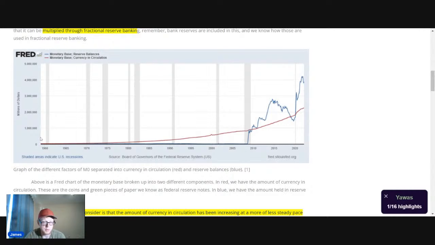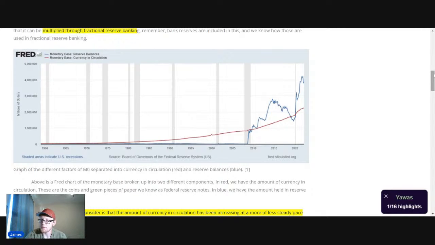So probably 40 billion, and that's literally like 100 times smaller than what it is now. And so we see it just go straight up for the most part. This is when we started quantitative easing, when the amount of bank reserves started to skyrocket relative to pre-GFC.